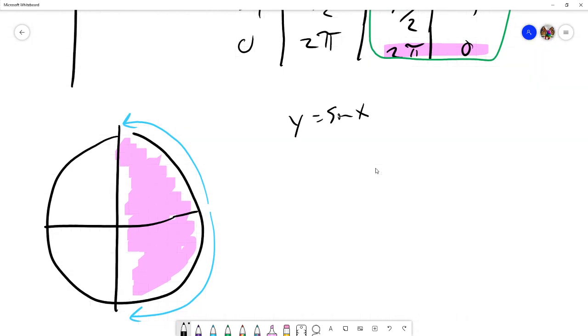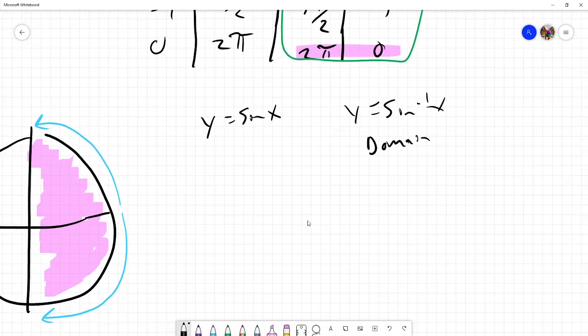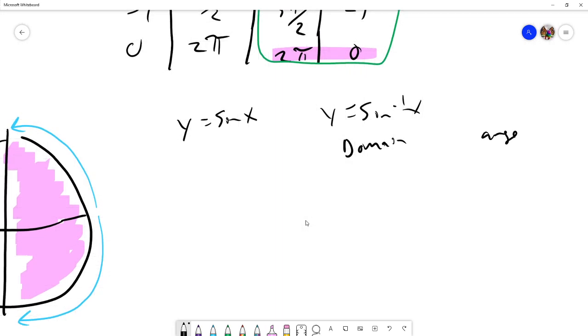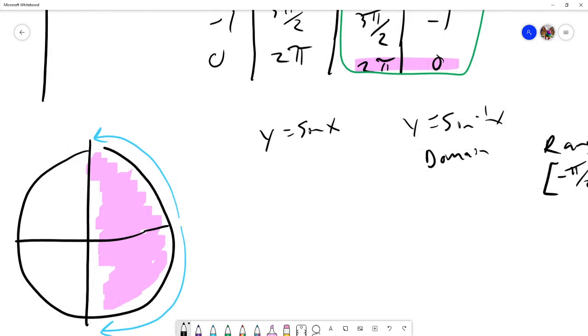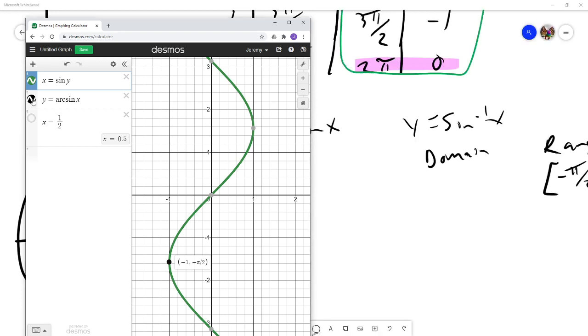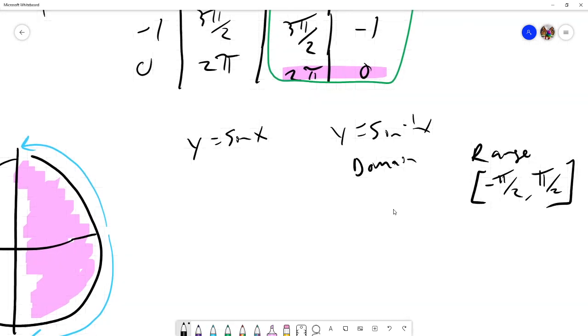So just to recap. Here's sine x, here's arcsine x. Domain, range. So we mentioned that the range is going to be restricted from negative pi over 2 to pi over 2. This is to ensure that for every single input, every single x, we get out only one angle, right? So that's where this range is coming from.